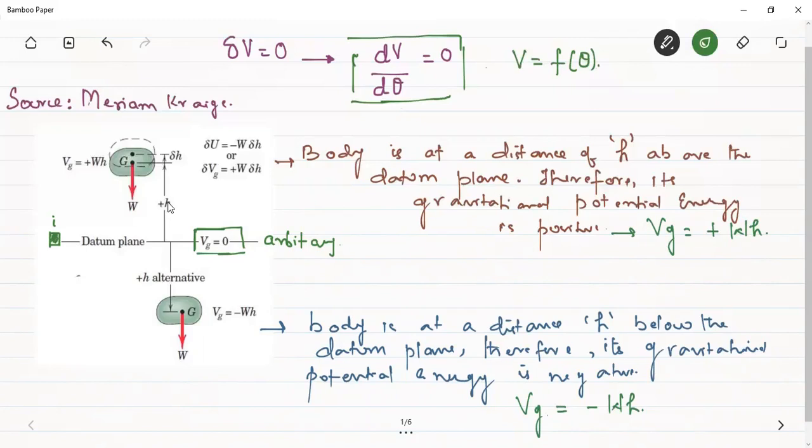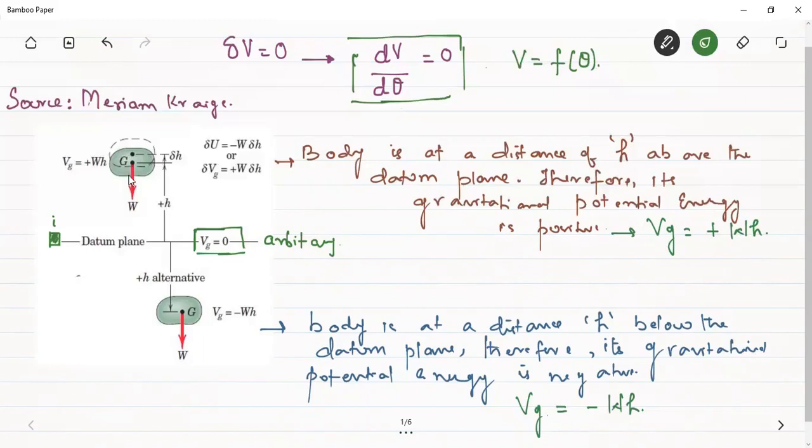Therefore, I am displacing it vertically upwards, and the displacement is equal to h. Now see here, the weight force is acting downwards, therefore I am doing work against gravity. In other words, the work done by the weight is negative. Work done by the weight being negative means that we are doing the work against gravity.